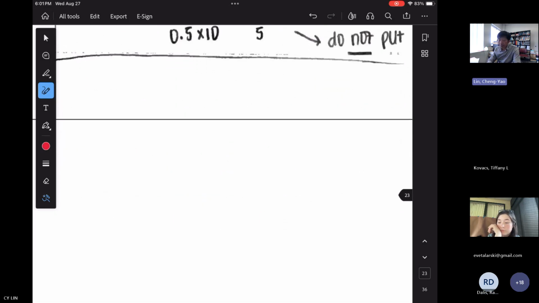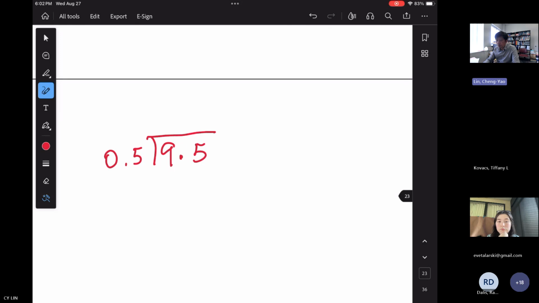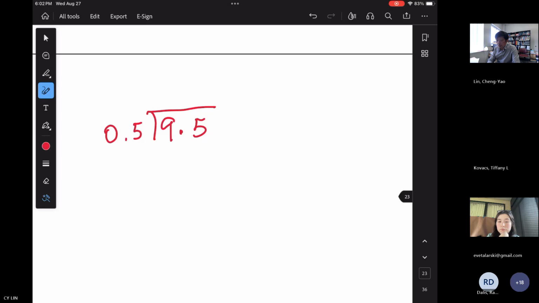Problem number 24: 9.5 divided by 0.5. I would do this problem by moving the decimal point to make 0.5 into a 5.